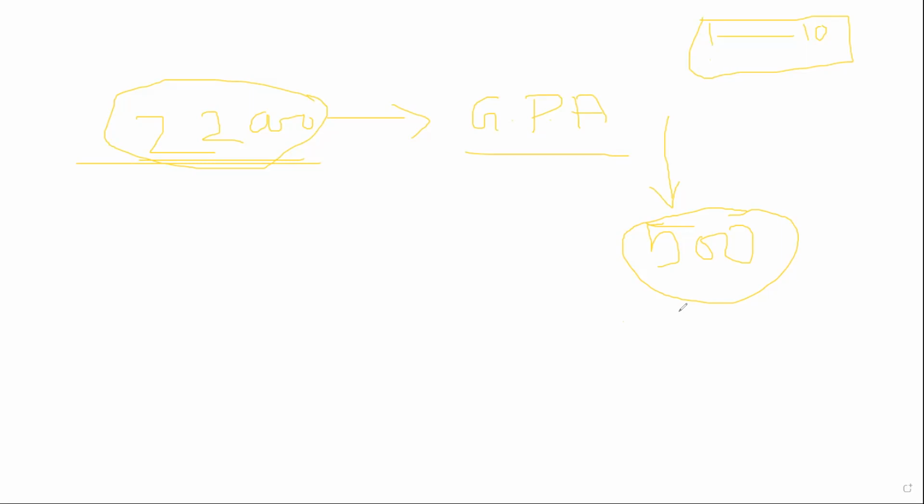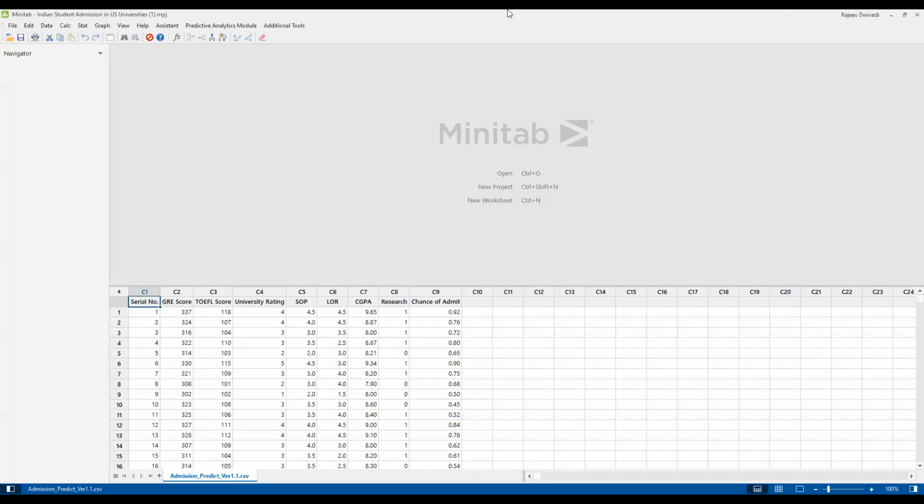Based on that, I would like to know the GPA of the whole population based on the 500 sample. I have that data, and I'm going to show you. So let me show on Minitab how to do that. Let me go on Minitab. Can you see my Minitab?